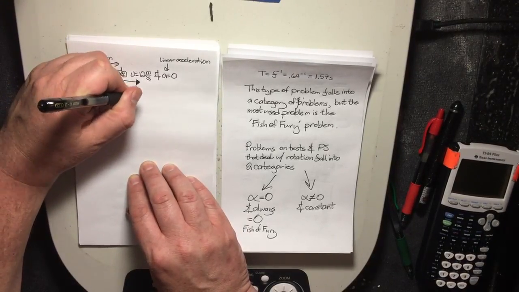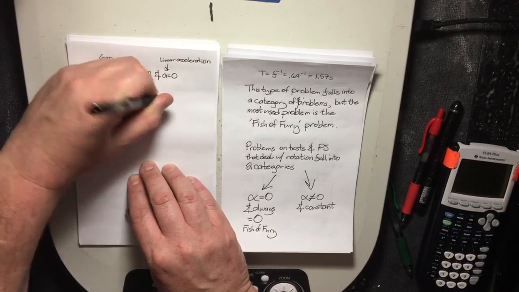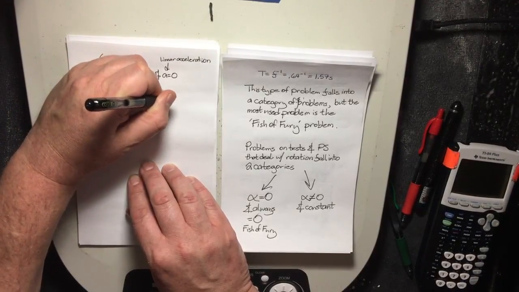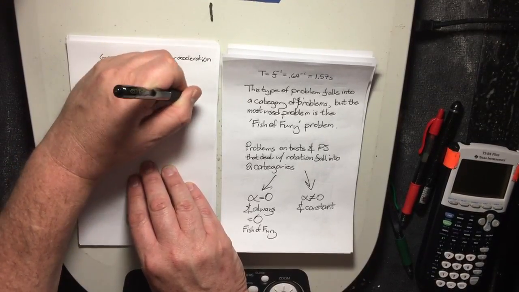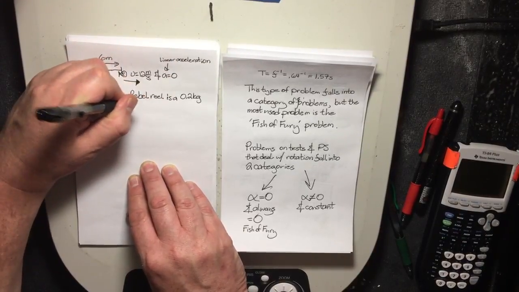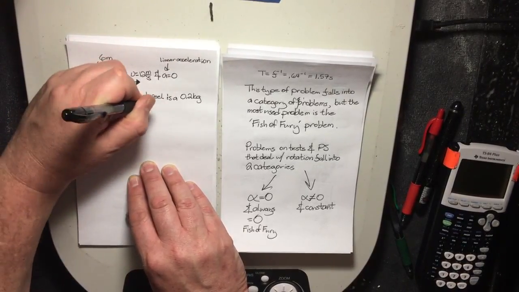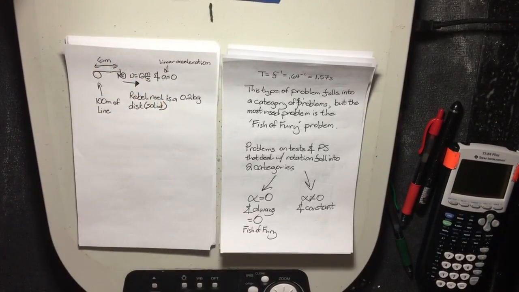The rebel reel is a 200-gram solid disc. Now, normally for true fishing reels, all the mass is on the edge, but work with me here. I'm building my own rod and reel, and I want a solid reel.